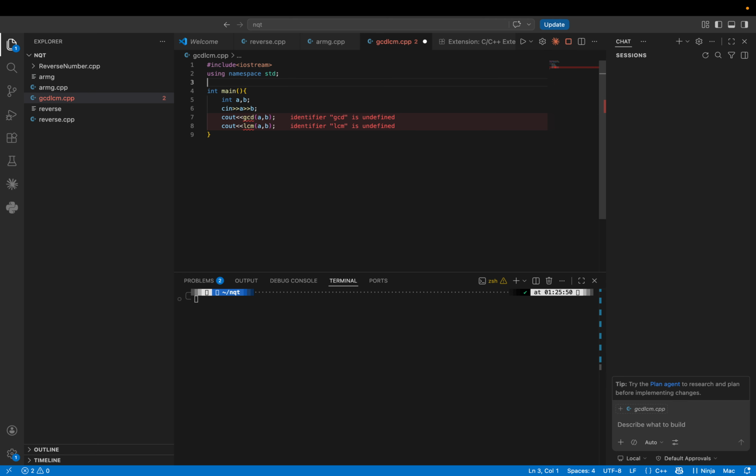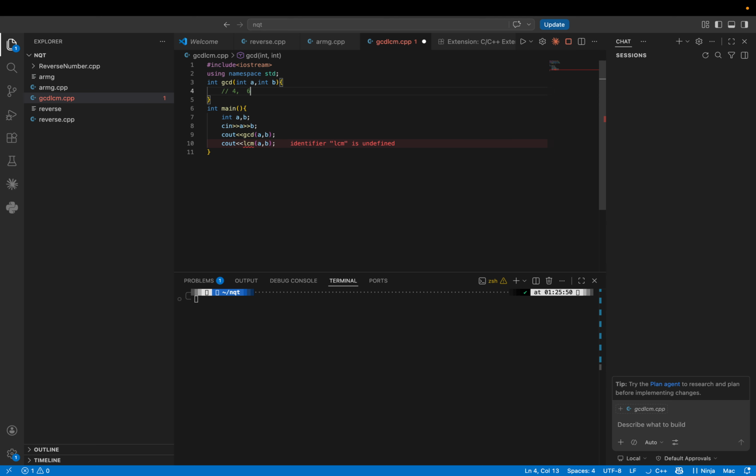Okay. Now comes the real question. Keyword I will write in these two. Int a, int b is okay. So let's take an example, 4 and 6.